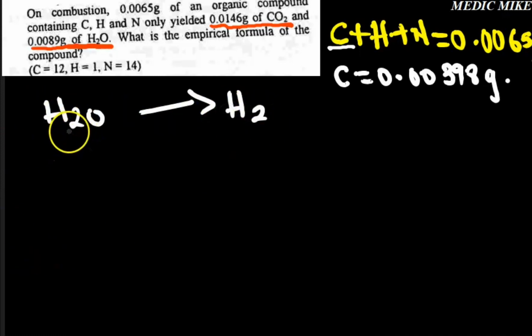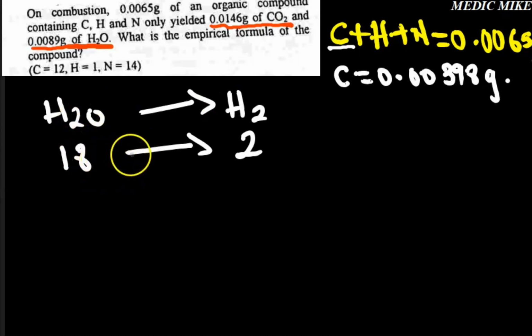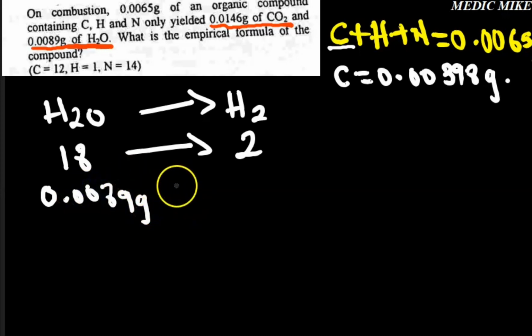So here, mass of H2O is 18, which is 2 plus 16 will be 18. So this is 18 compared to 2 gram per mole of H2. So we'll be saying if 18 gram per mole can give us 2 gram per mole of H2, what gram per mole will 0.0089 gram of water give us?